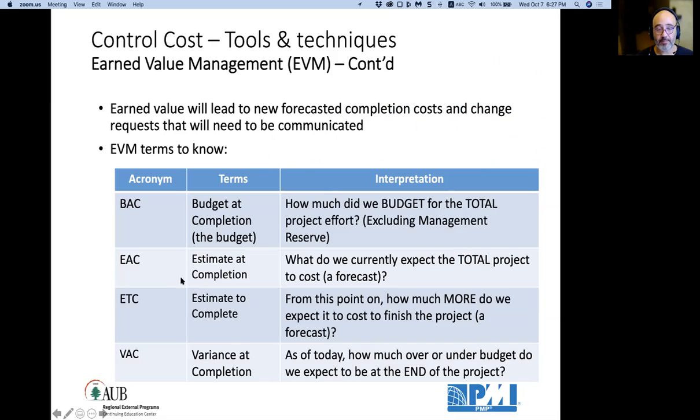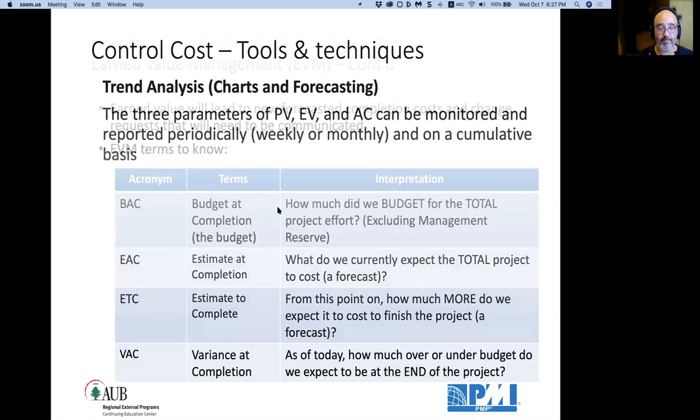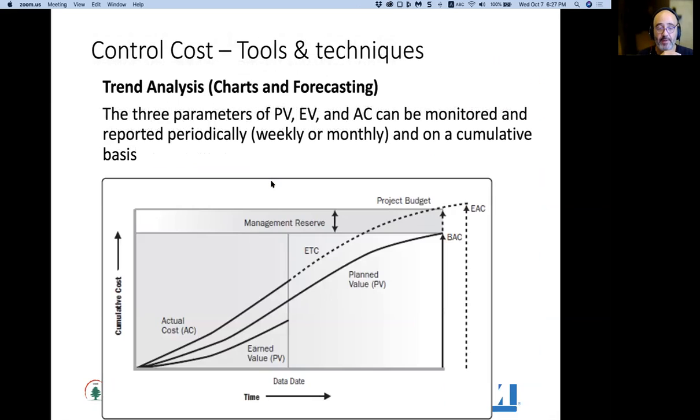Now the three parameters of planned value, earned value and actual cost can be monitored all the time with the click of a button. Now if you use Microsoft Project, Primavera, OmniPlan, or could be reported periodically like weekly we have our steering committee meeting or monthly or bi-weekly, and or on a cumulative basis.